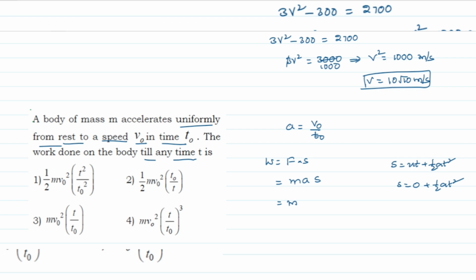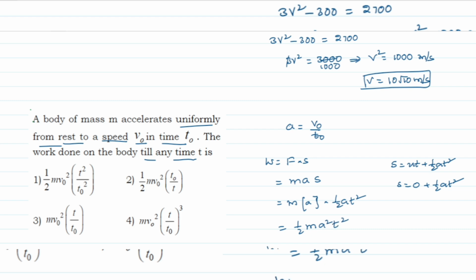Hence we get m into a into half a t square, which is half into m into a square into t square.